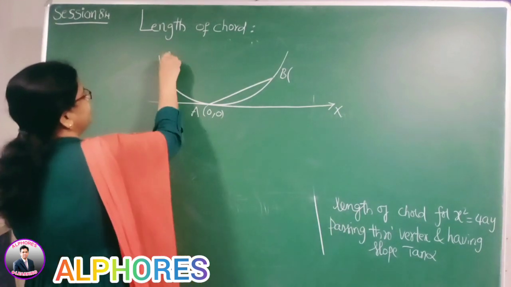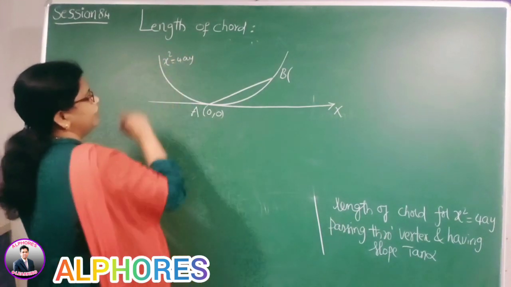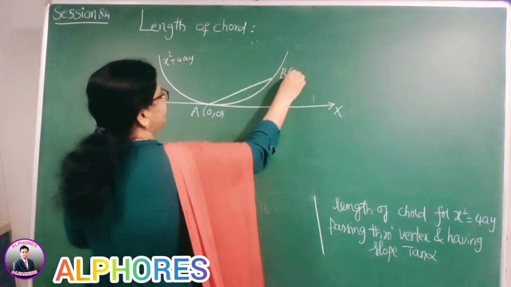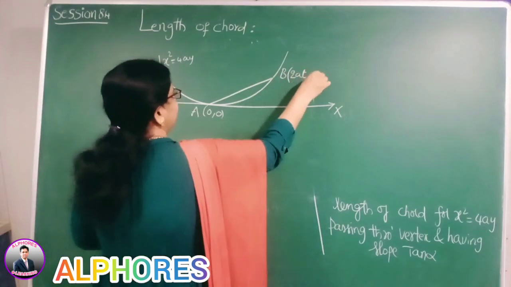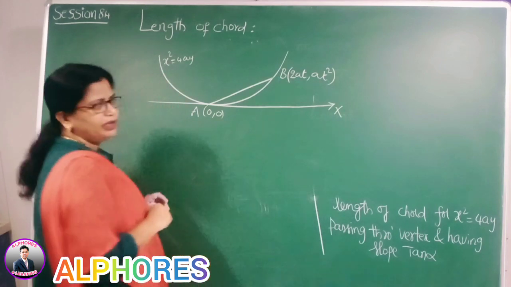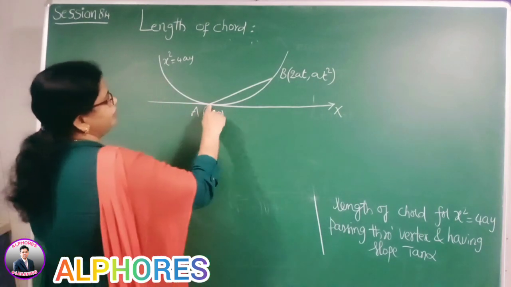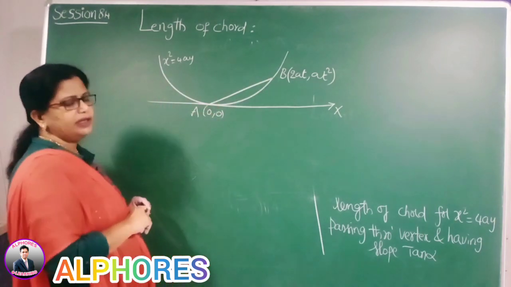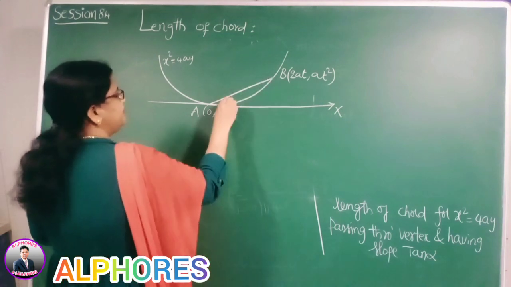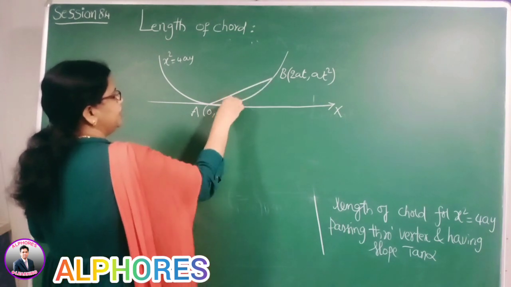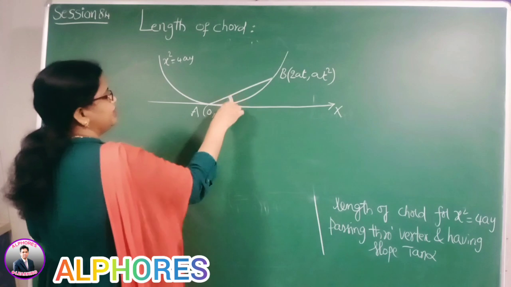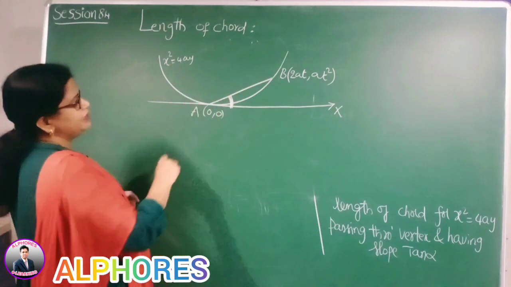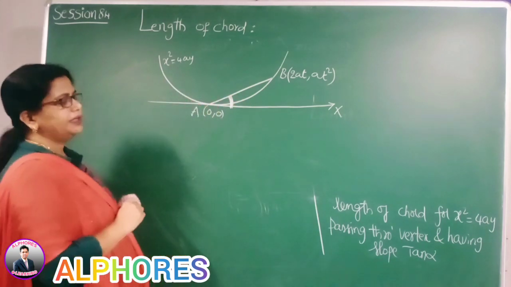The curve is x square equal to 4ay. Therefore, what are our parametric coordinates? 2at comma at square. These are our parametric coordinates. Now here, what is the slope of the line joining AB? Understand, because they said the inclination is nothing but alpha. That implies the slope is directly given as tan alpha.